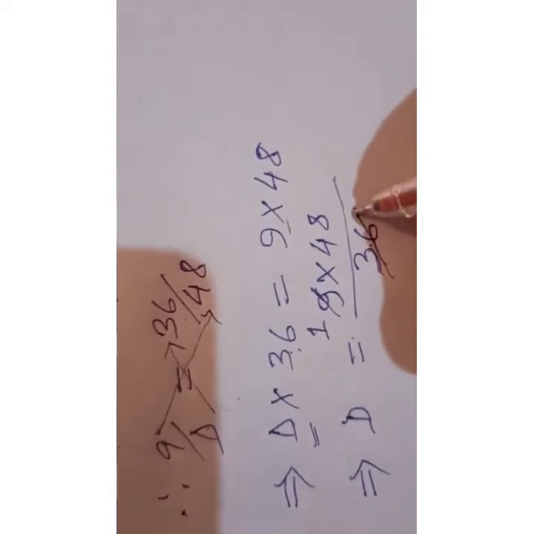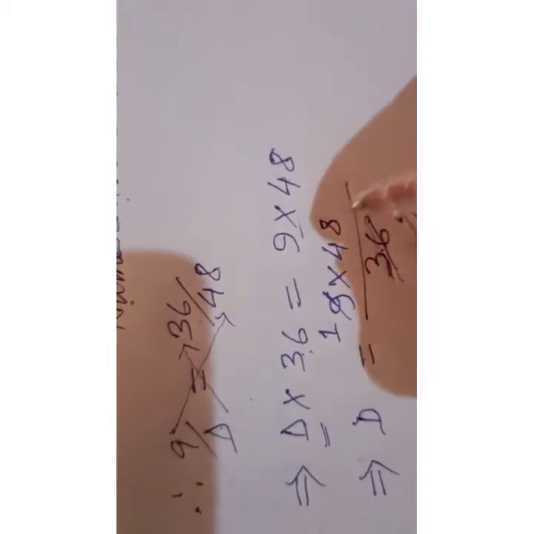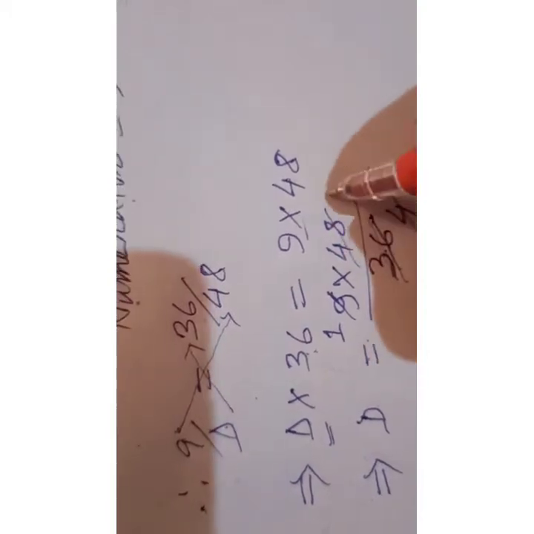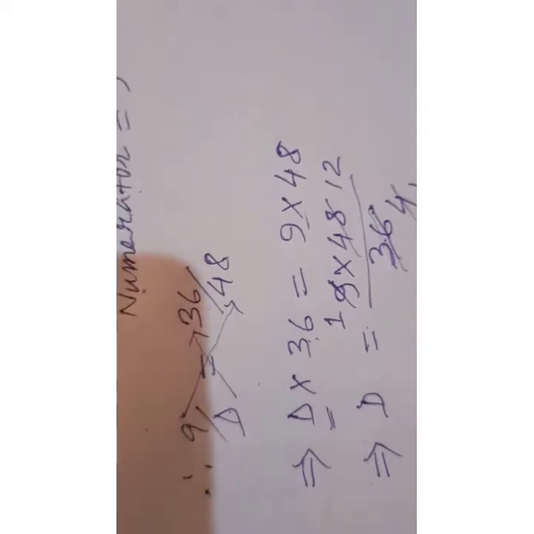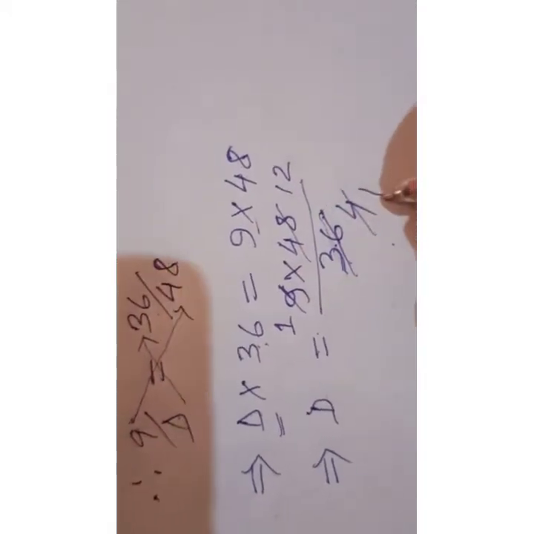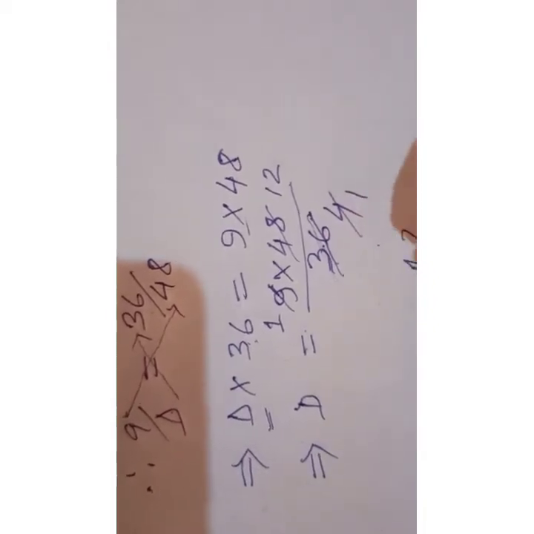This part is already cancelled. Now here 4 ones are 4, it is divisible, then 4 twelves are 48. So now we have got 1 into 12, which is 12, and 12 divided by 1 gives the same number, so this is equal to 12.